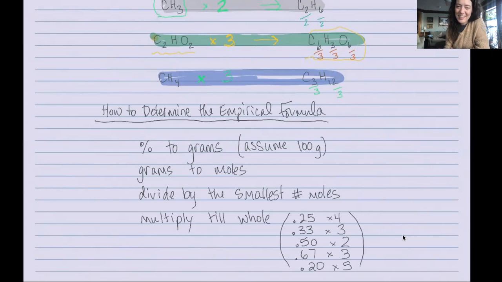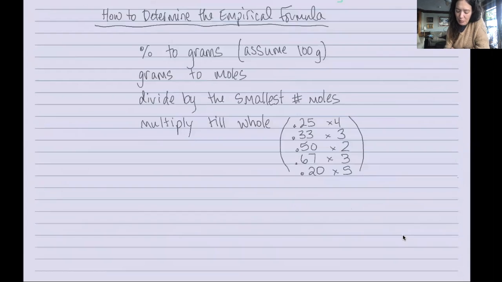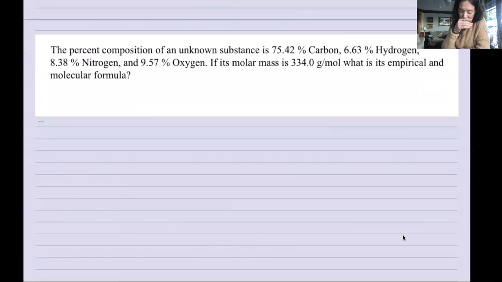Now let's look at an example. We'll just go with this example here. The percent composition of an unknown substance is given. If its molar mass is given, what is its empirical and molecular formula? Let's write our information down.